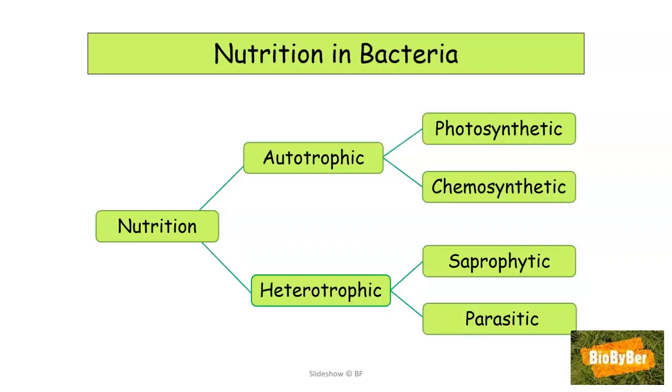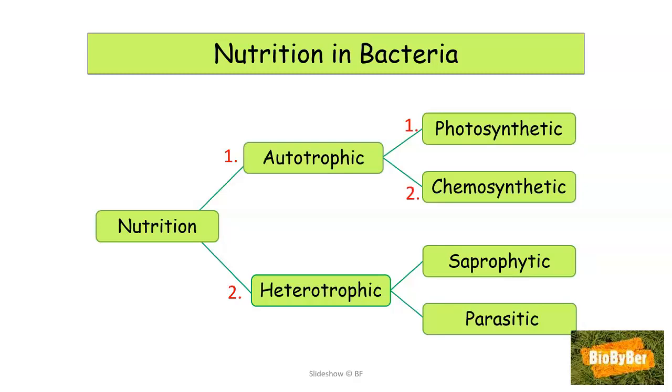When we look at nutrition in bacteria, there are two types. The two types of nutrition are autotrophic nutrition and heterotrophic nutrition. Though, depending on how you look at it, you could also argue that there are four types of nutrition, as autotrophic nutrition is subdivided into photosynthetic nutrition and chemosynthetic nutrition.